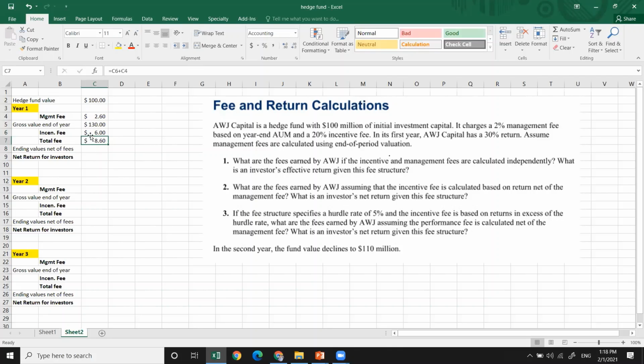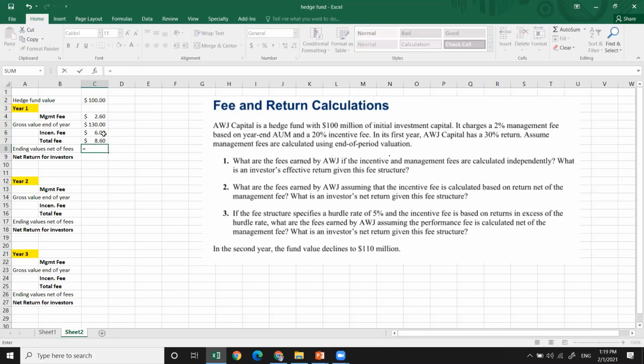Sorry? Could you show the formula again? Okay, the formula is straightforward. We don't have management fee here, and we don't have hurdle rate condition here. This is the case. And the ending value of the net fees: who can tell me what it is? 121.4.